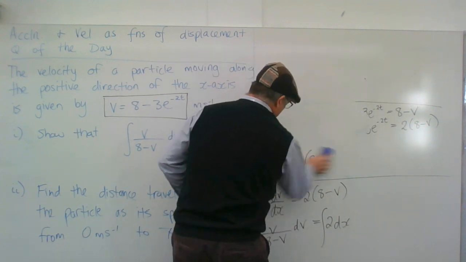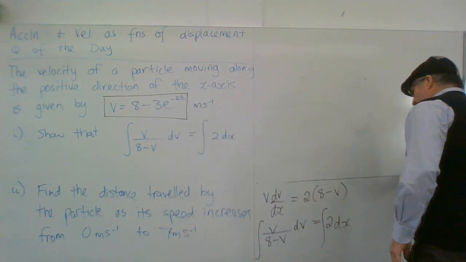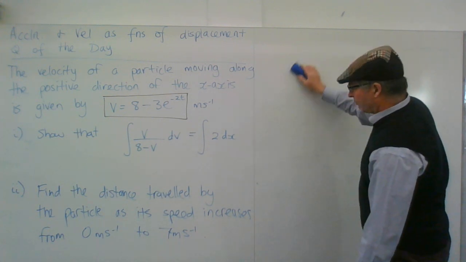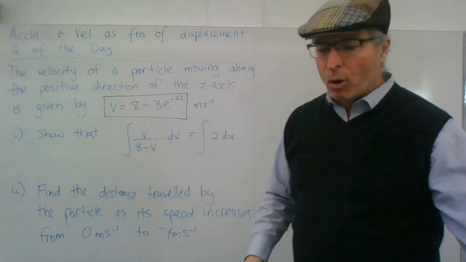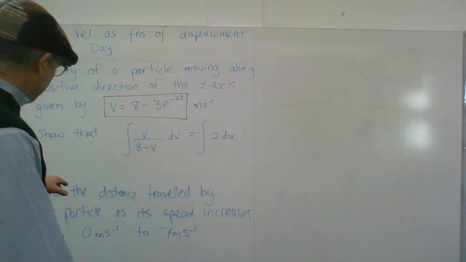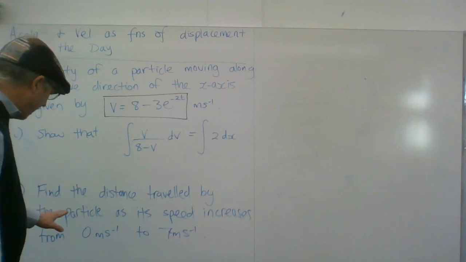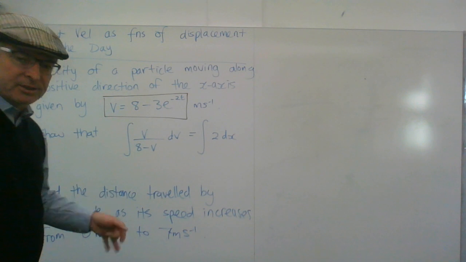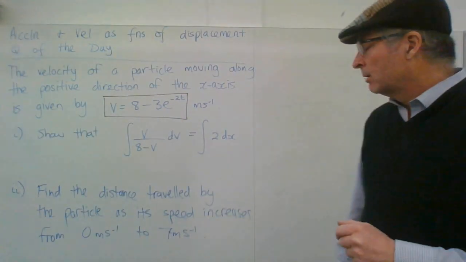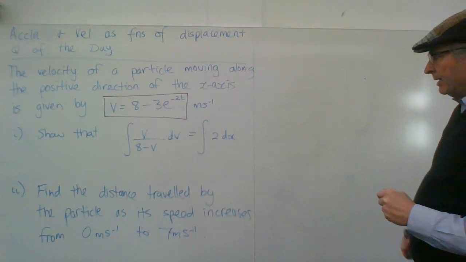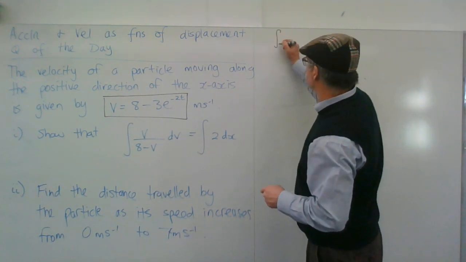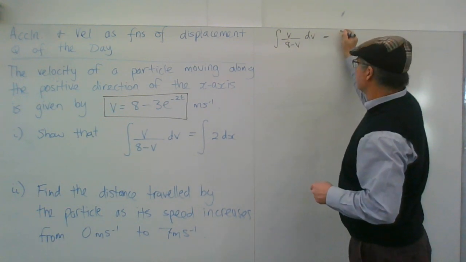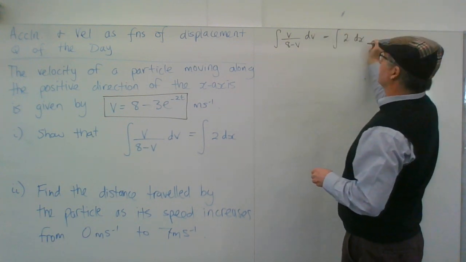So the second part of this question probably wants us to use what we just found. They're not always like that, but that's a pretty common thing. So find the distance travelled by the particle as its speed increases from 0 meters per second to 7 meters per second. All right, let's start with what they've given us. The integral of v on 8 minus v dv equals the integral of 2 dx.